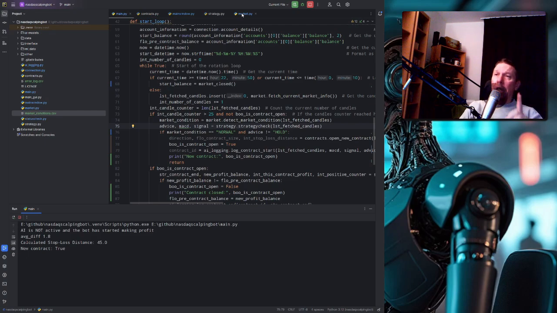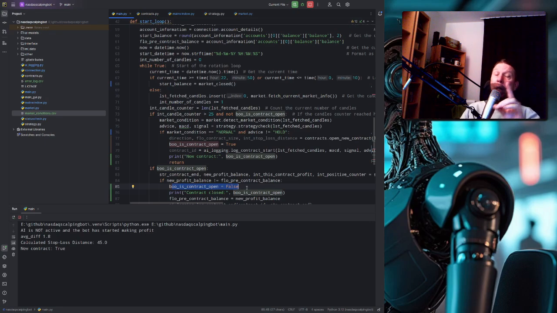I changed the code yesterday for today, and you see it right here. Print new contract, boo contract is open, and print contract closed, boo contract open should be false. Right here, boo contract open true, boo contract open false. The bot did not do this, so I want to know why it is only opening one instead of multiple.